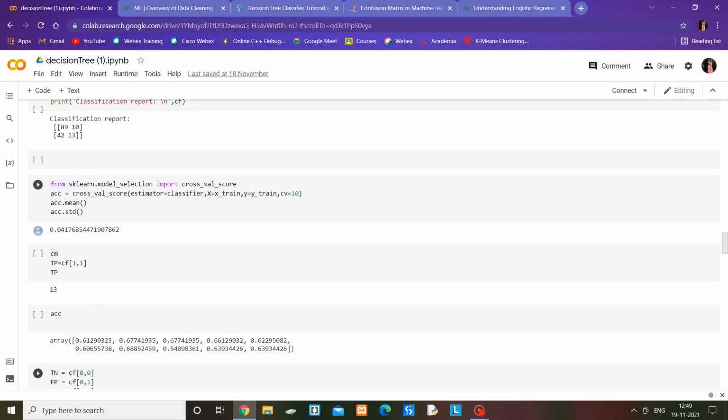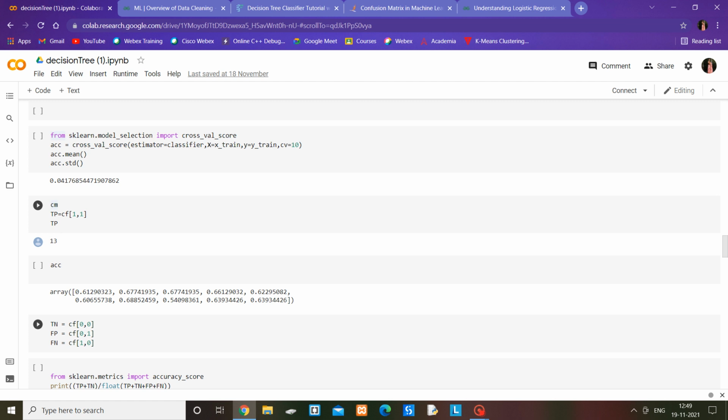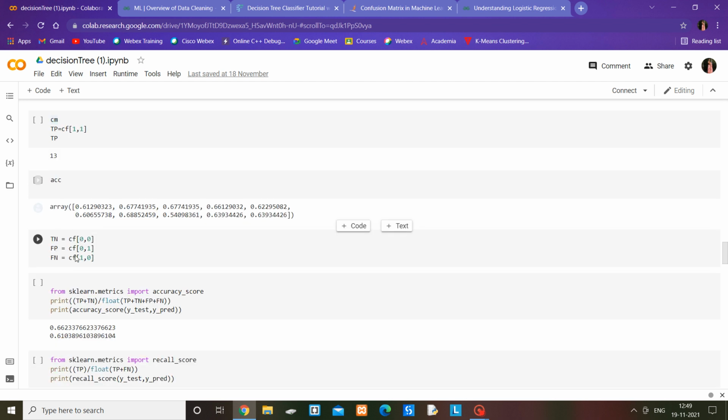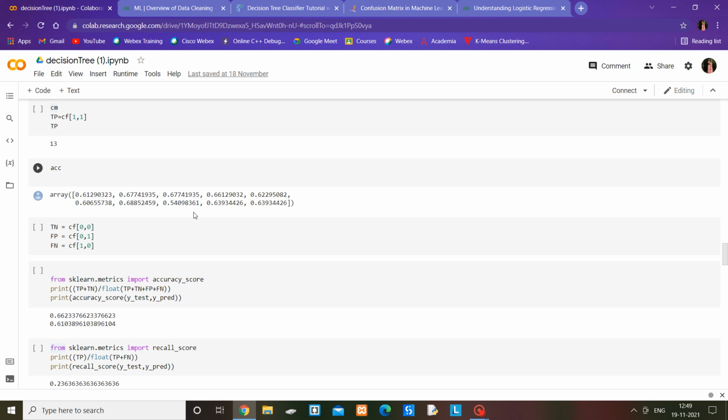From sklearn model_selection, import cross_val_score. We compute cross_val_score with the estimator, classifier, X and y, then acc.mean and acc.std. Here is the value we will get. Then cm[1][1] is TP, and we will get 13. The array will contain these values in floating point.